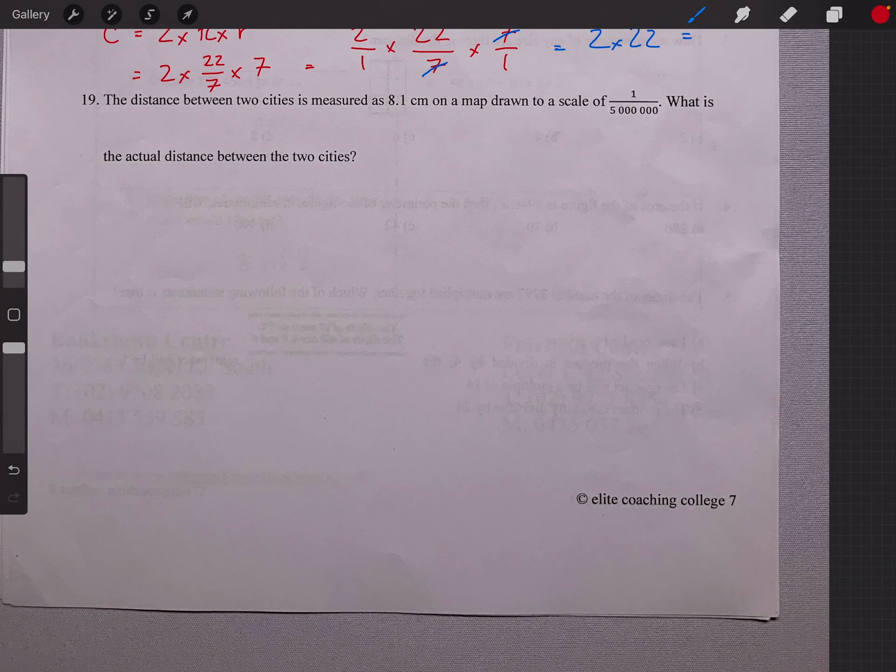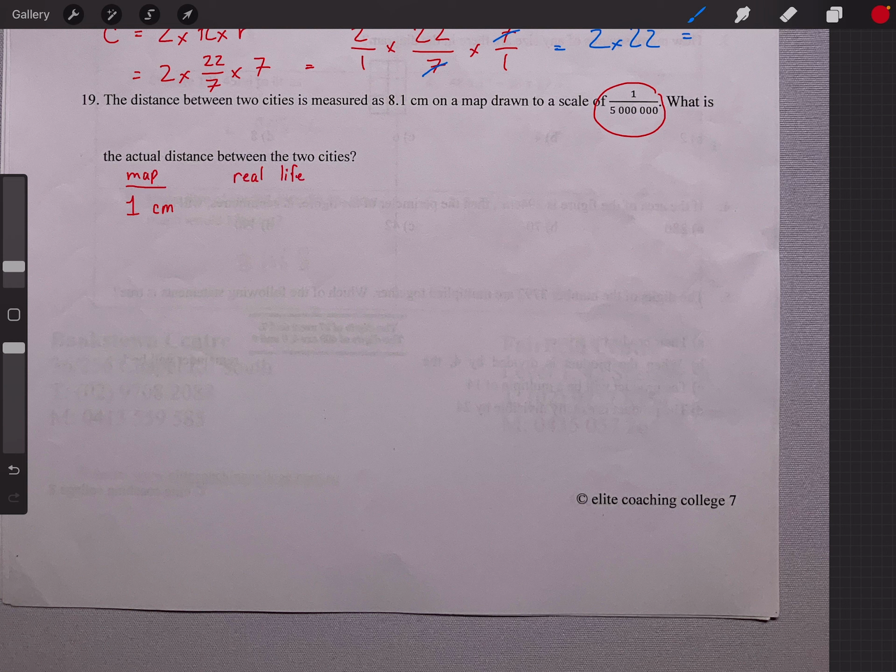The distance between two cities is measured as 8.1 centimeters on a map drawn to a scale of 1 to 5 million. Wow, okay. What is the actual distance between the two cities? So what this means is that, let's say 1 centimeter on the map, so this is map distance, and here's the distance in real life.